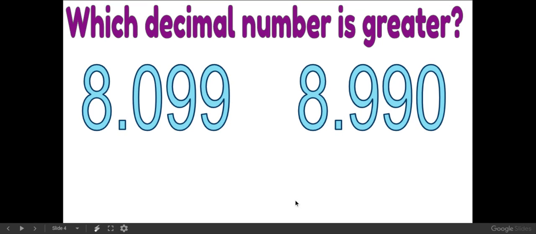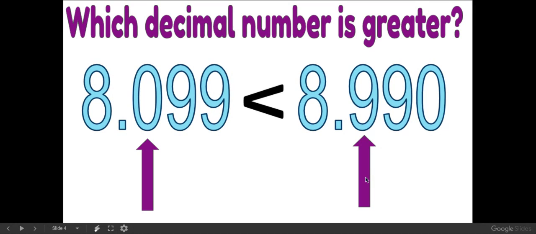So when we want to compare our decimal numbers, we start by looking at our tenths because tenths are the biggest decimal. So in this case, let's look at those tenths. We have 0 tenths here and 9 tenths here. So it should be pretty evident that 8 and 99 hundredths is actually greater than 8 and 99 thousandths.